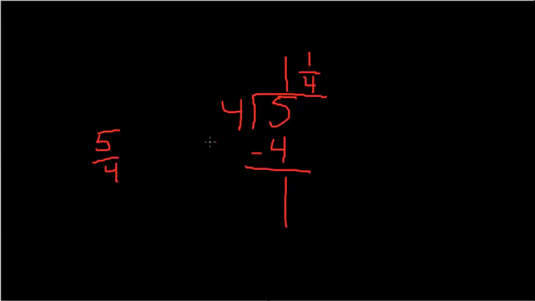We can also go backwards, take our mixed number and convert that back into an improper fraction. So if I have 1 and 1/4 and I convert this to an improper fraction, I want to start with my denominator, 4, multiply that by my whole number, and then add my numerator to it.